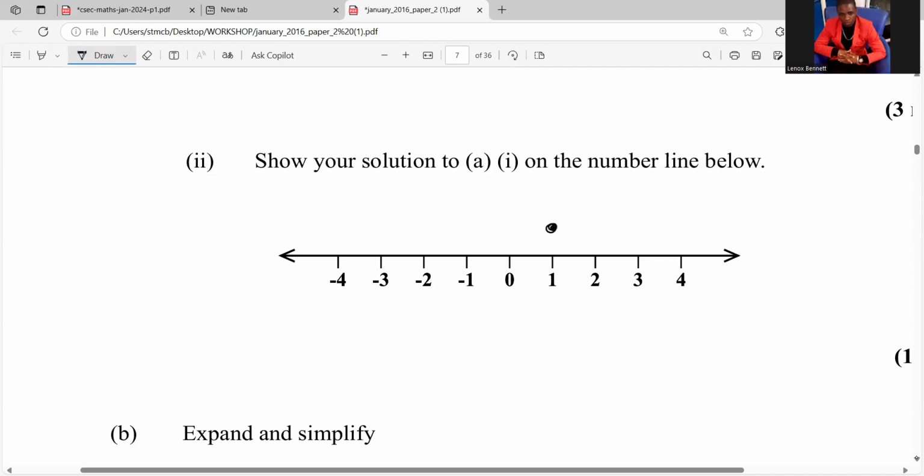So basically it would be blacked out because of the equal sign, so we must include 1 in our solution. And of course going in that direction, all of these numbers, remember it's more than one solution. So 3, 4, 5 will continue to infinity.